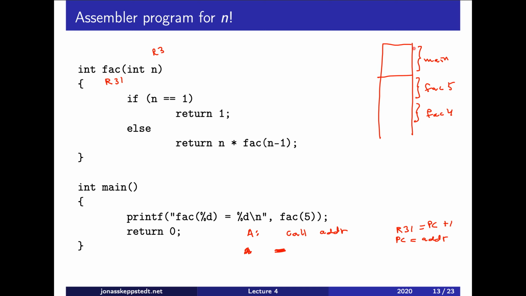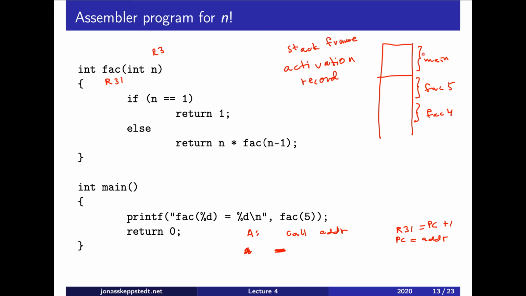This is called the stack frame for this function, stack frame for that, etc. Another word is activation record, but that's not so often used.